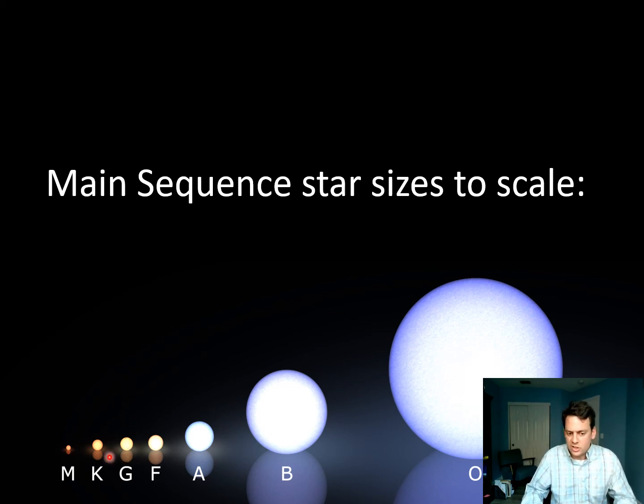But the Sun is a G class star, so this is where the Sun is. And you can see M class stars are noticeably smaller. And the largest stars, the hottest stars, are much larger in general. So there just is a lot of variation in the universe. But again, there are a lot more of these low mass, small stars, and many fewer of these large stars.